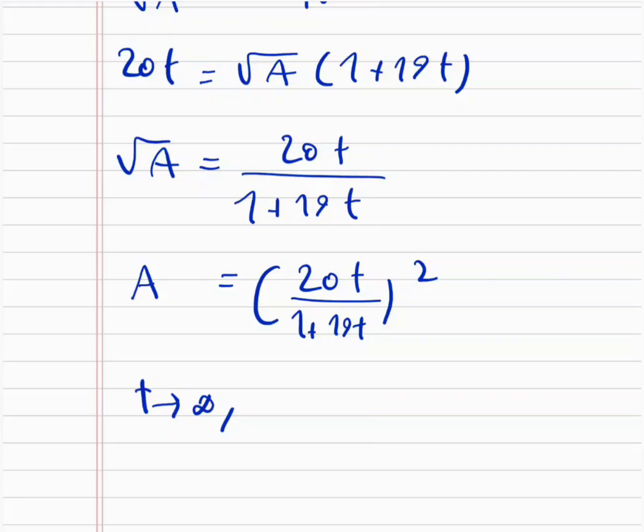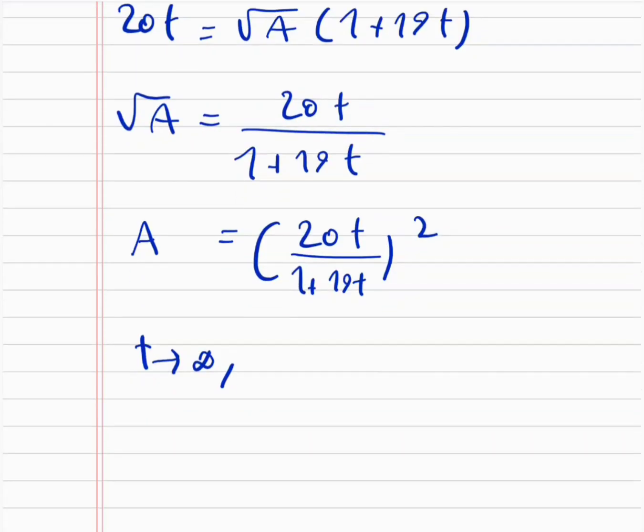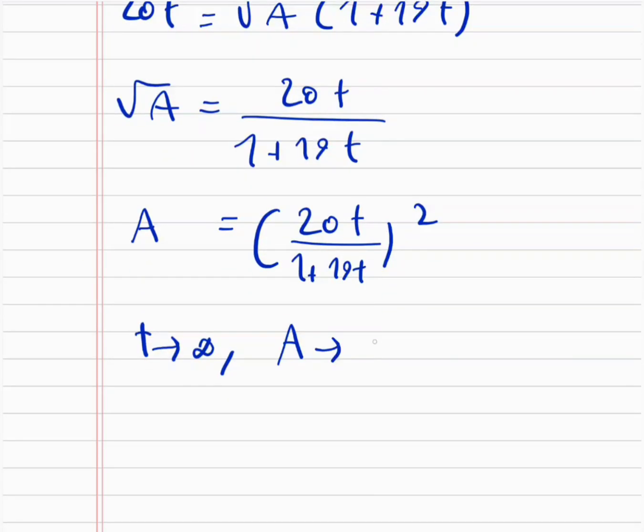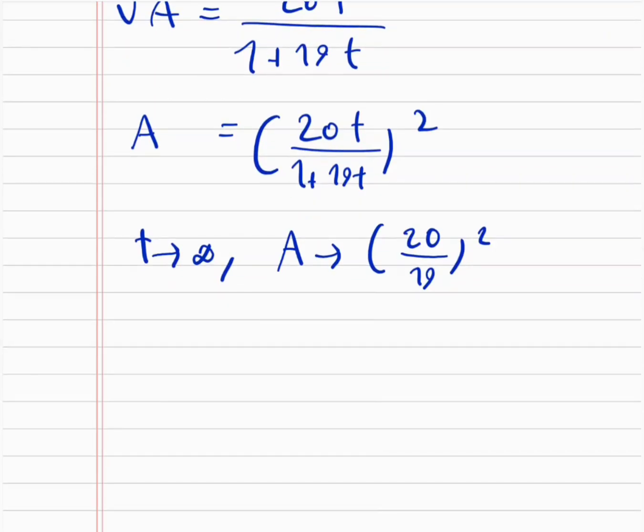Because we are basically increasing both of them by the same number, and then as we approach infinity, this one gets insignificant. So roughly speaking, this approaches simply 20 over 19 squared. You can sort of think that the two infinities kind of cancel out. While that's not very rigorous, that's a very rough idea that you need to have at least for this A level. And then this is basically equal to 400 over 361 as a limit.